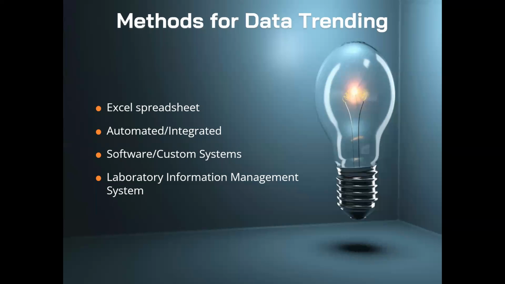There are also standalone software products that are tailored for managing an environmental monitoring program. Laboratory information management systems, LIMS, can also be customized to track environmental testing data. If you work with a third-party lab, you can seek their help to generate trending reports.